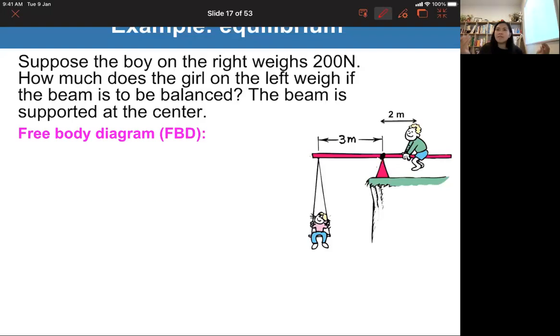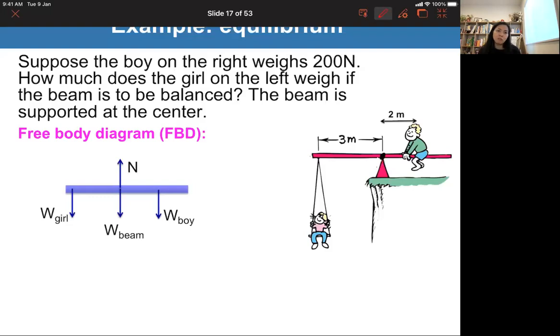It's the beam that we want to balance. Therefore, the object in this case is the beam, because it's experiencing all of these forces that could cause it to rotate and not be in equilibrium. So we draw the free body diagram for the beam.